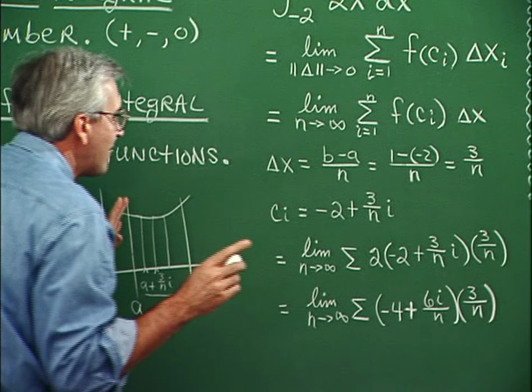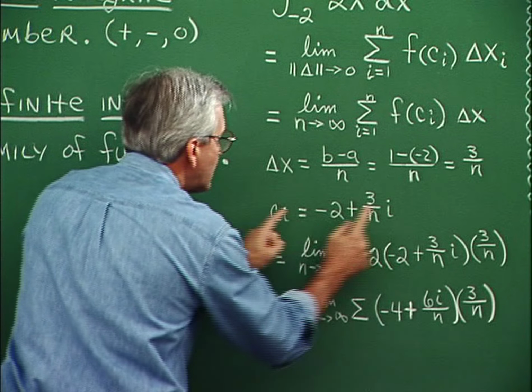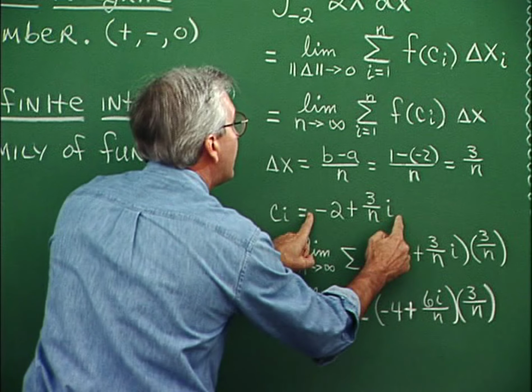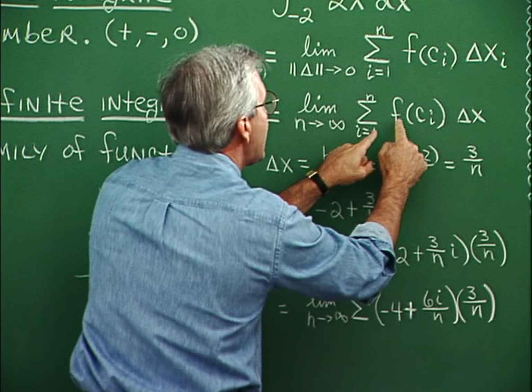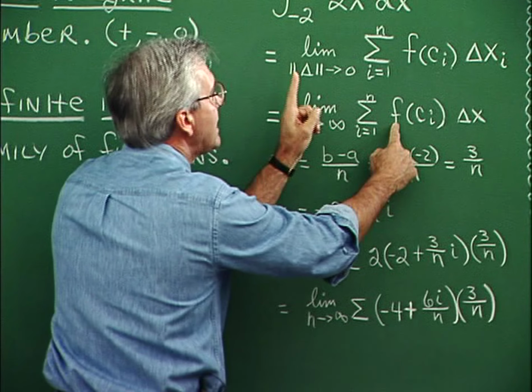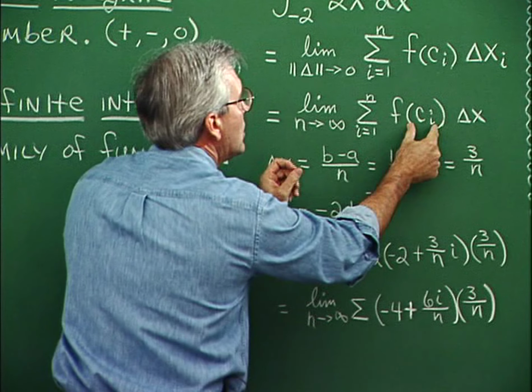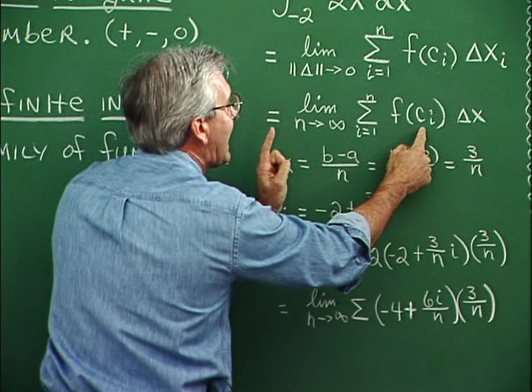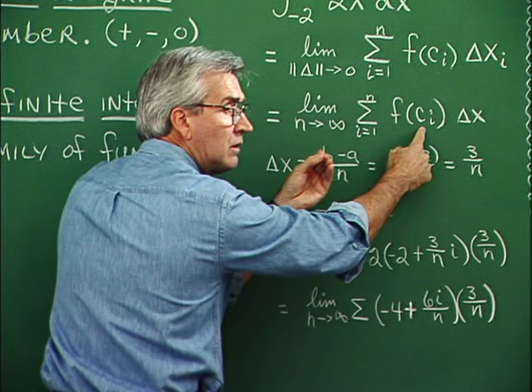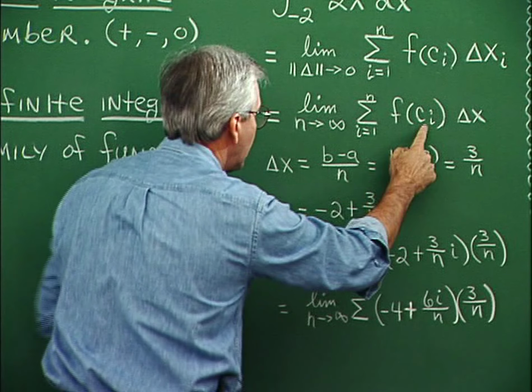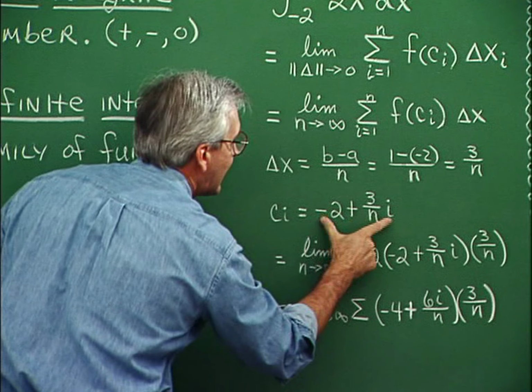Okay, now we have this. If this is c sub i, then f of c sub i means in the f function replace the x with c sub i. So we're going to replace the x in the 2x function definition with this.